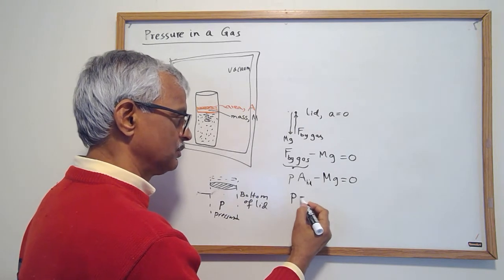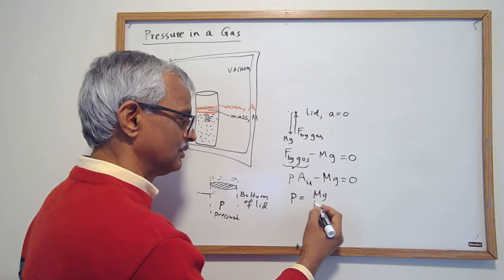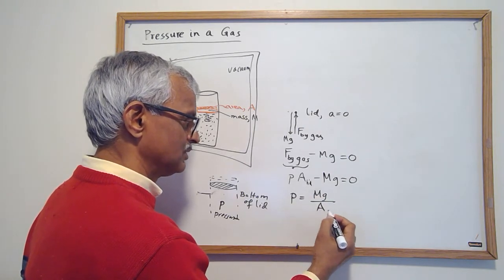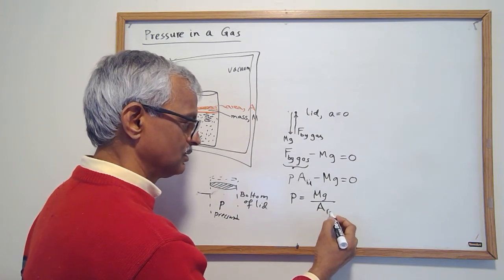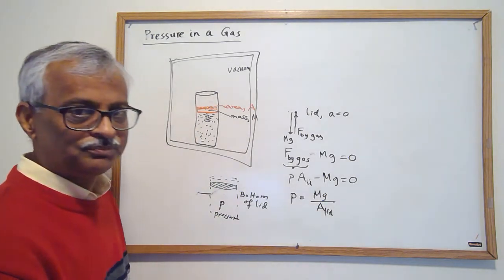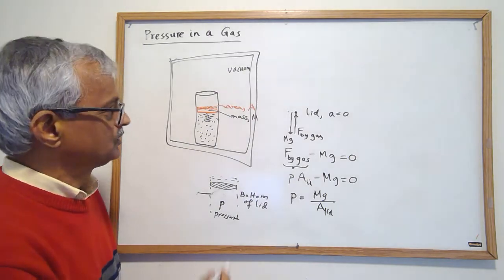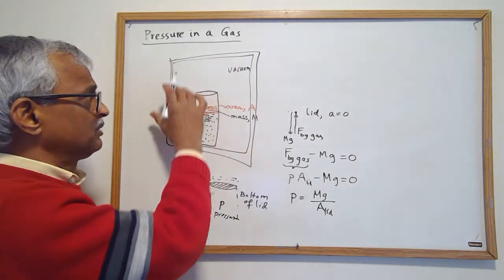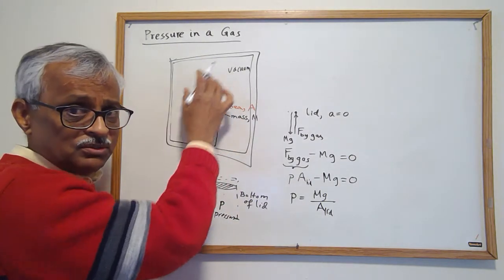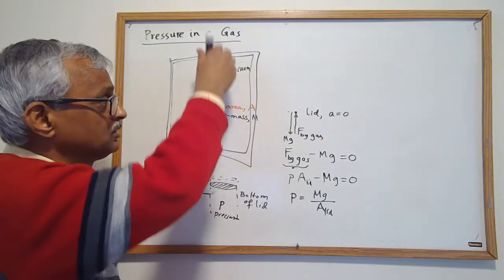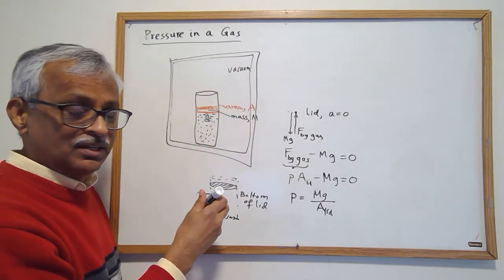So pressure will be equal to the weight of the lid divided by the area of cross section of the lid in this example. Okay, this is because I had to vacuum out, so make sure that there's no other causes of force on the lid.